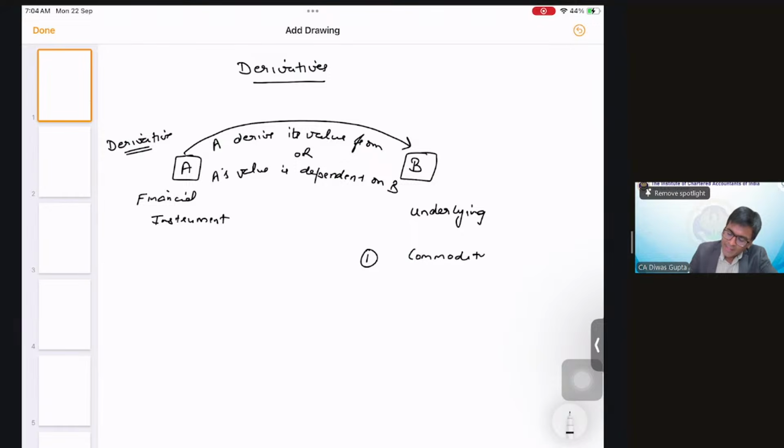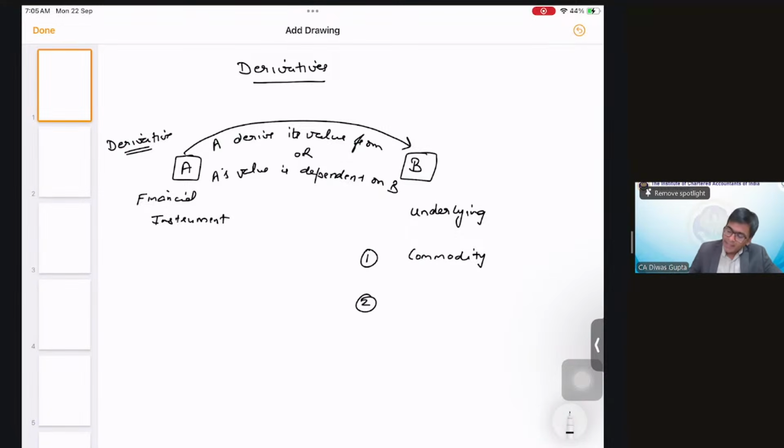As you rightly said, one is commodity. Commodity means, let's say, oil, gold, pulses, those things which are homogeneous in nature, which have a single stated use. So those are commodities.